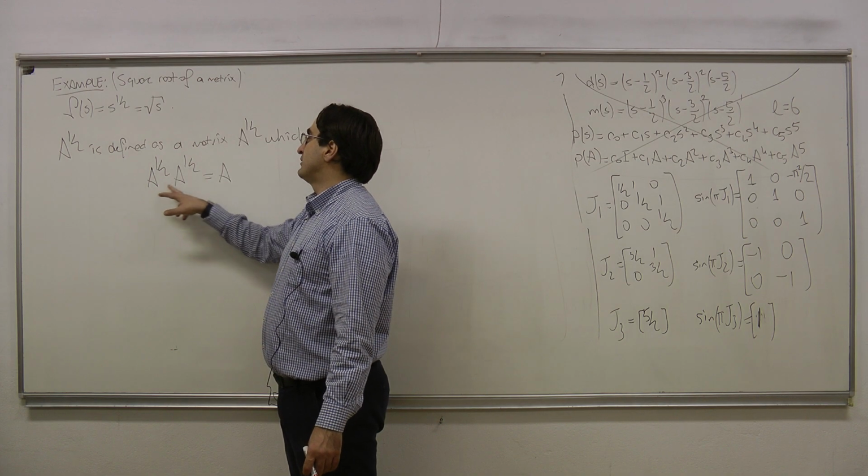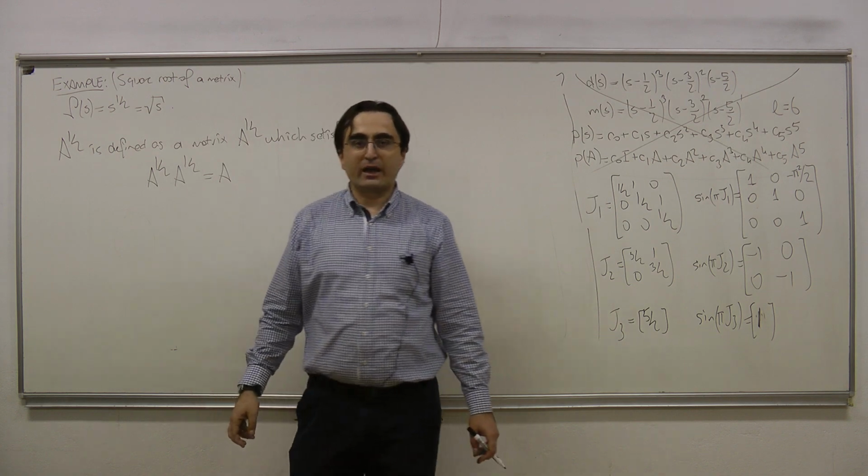When I multiply this matrix with itself, I need to get the matrix A.